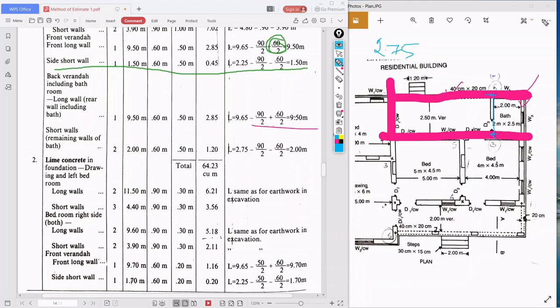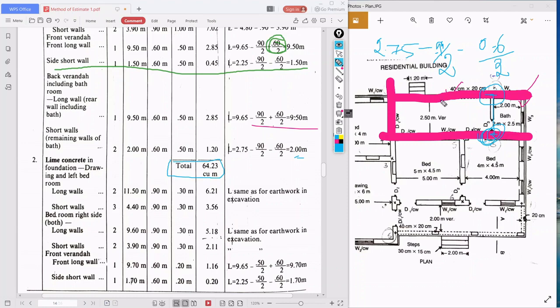Here is a 20 centimeter wall, here a 30 centimeter wall, here a 20 centimeter wall. We don't want both, because it is already excavated. So 0.9 by 2 minus 0.6 by 2. What will we get? 2 meter. So 2 meter, 0.6, 0.50, that is 1.20. So your total quantity is 64.23 cubic meter.